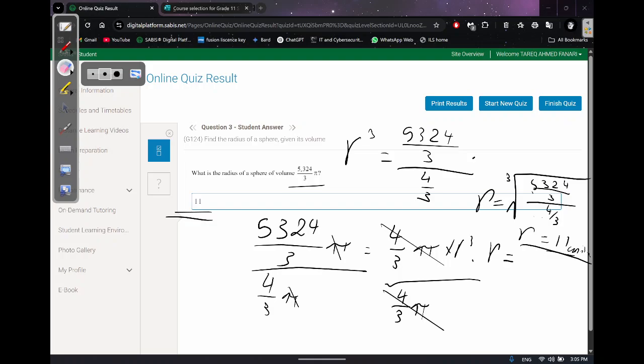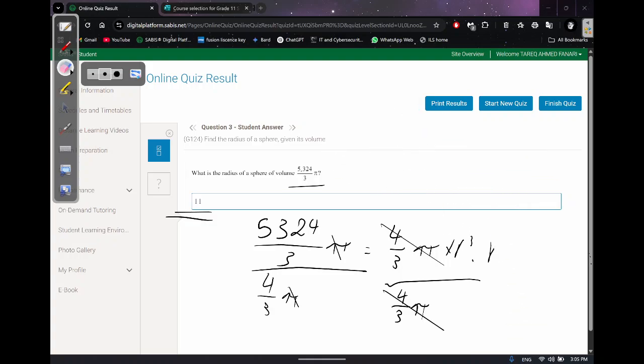Now, say you didn't want to use this all-in-one method. We'll go back right here. So r cubed is going to be 5324 pi over 3 all over 4 over 3 pi.